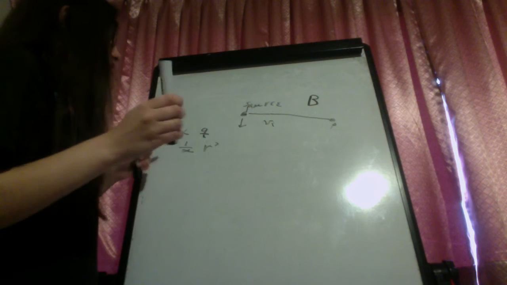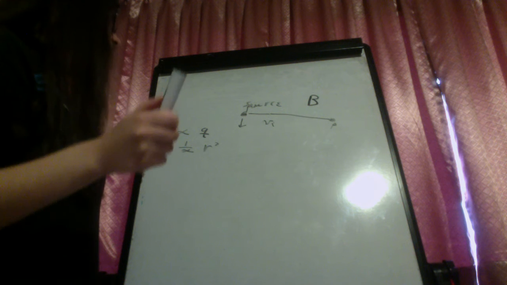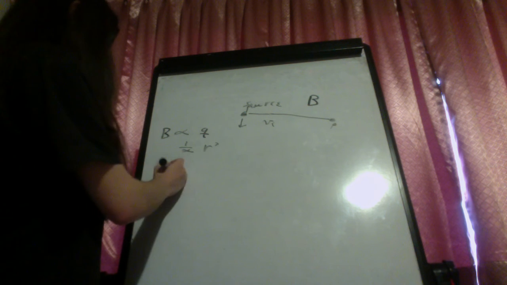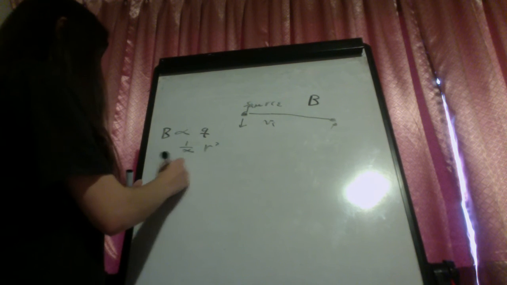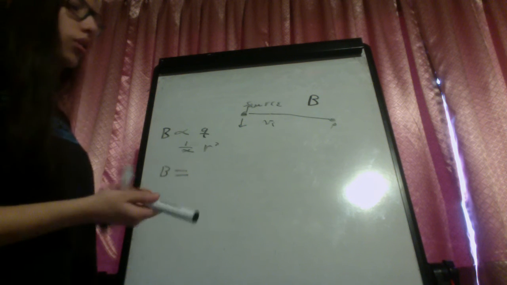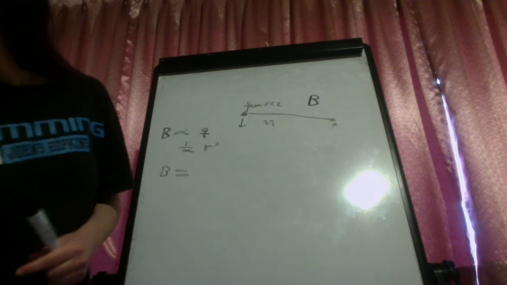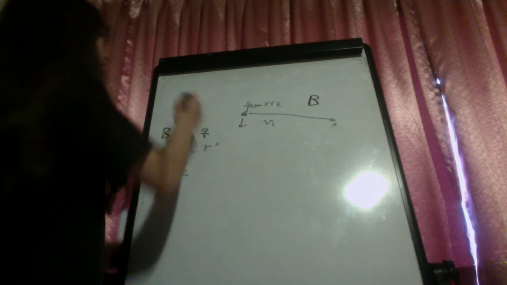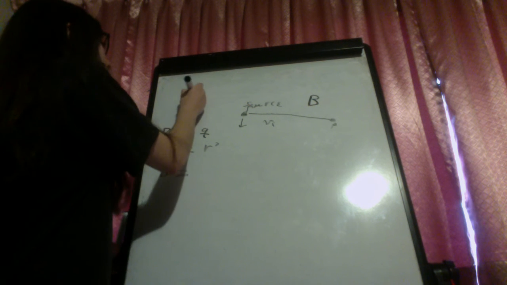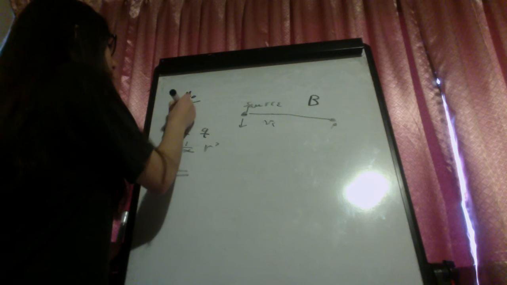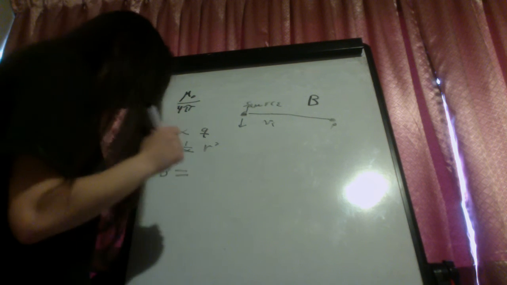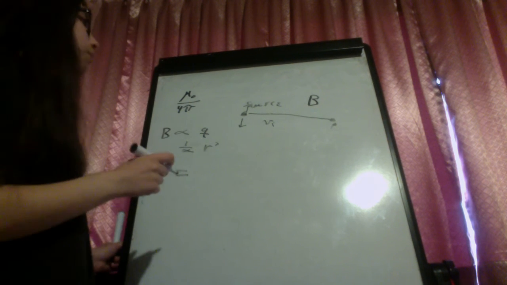Now, we can write the magnetic field as equal to the constant of proportionality. That constant is mu naught divided by 4 pi.